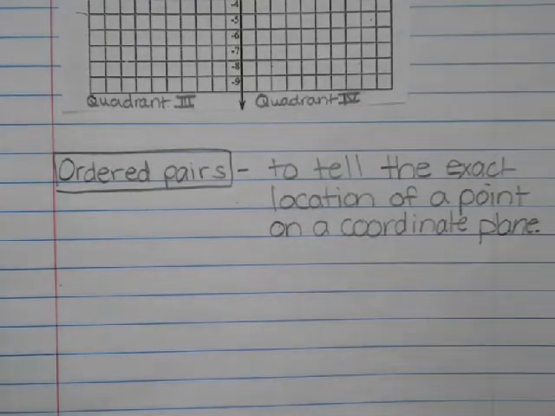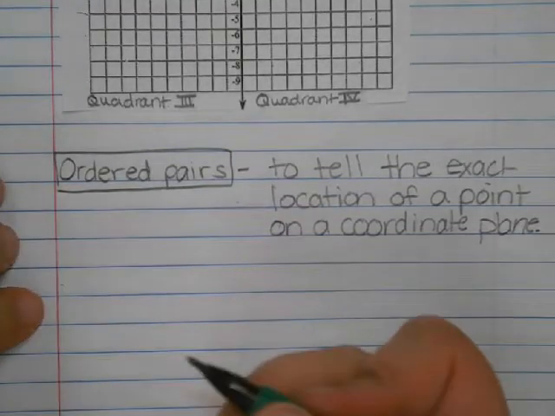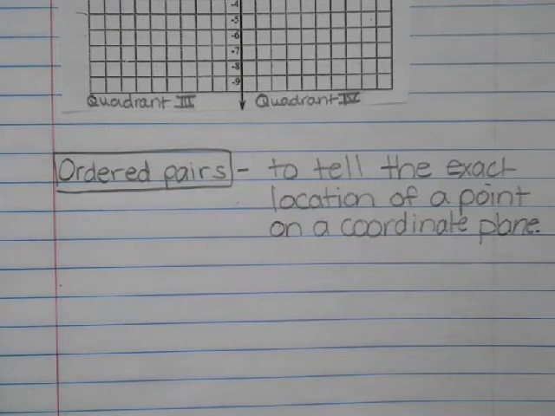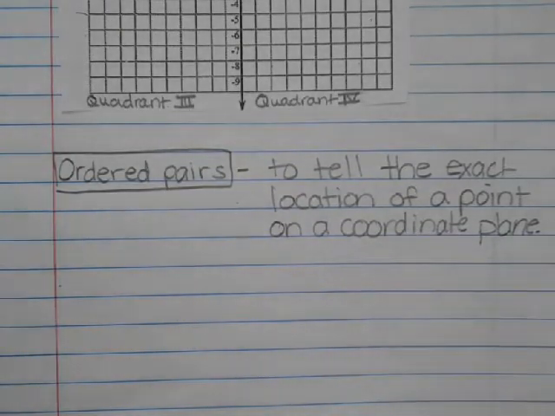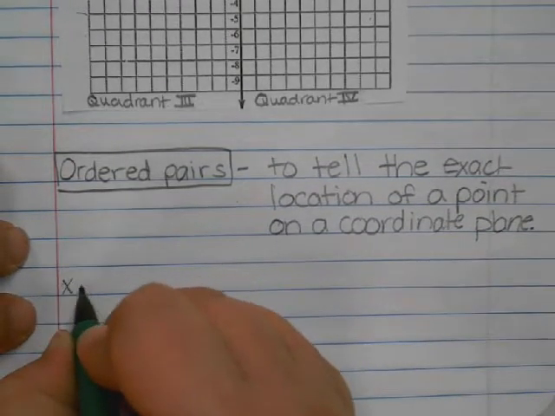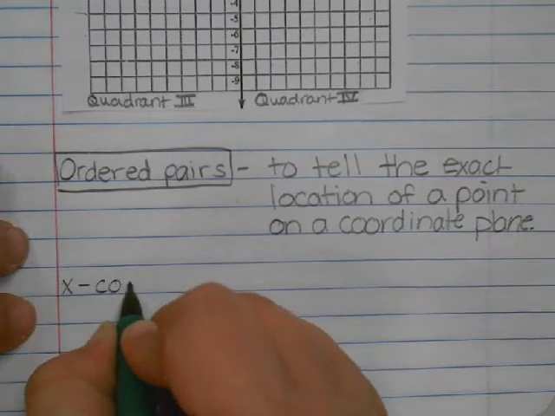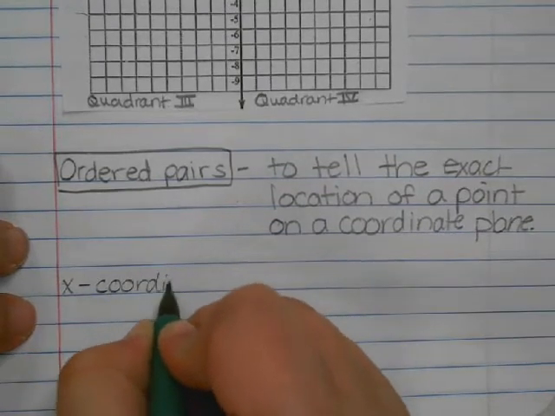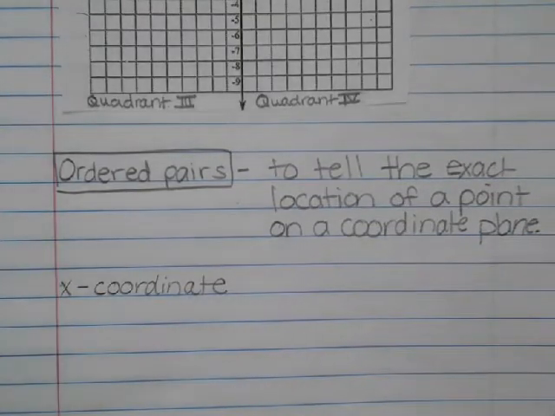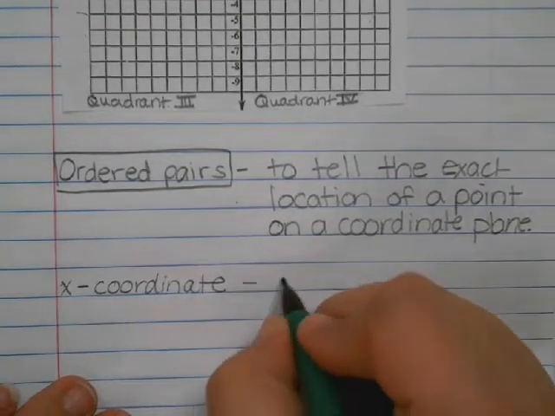Each one of the numbers that gives you the location has a job. There are 2 reference points in an ordered pair. The first number is called the x coordinate. And the x coordinate gives you your horizontal number.